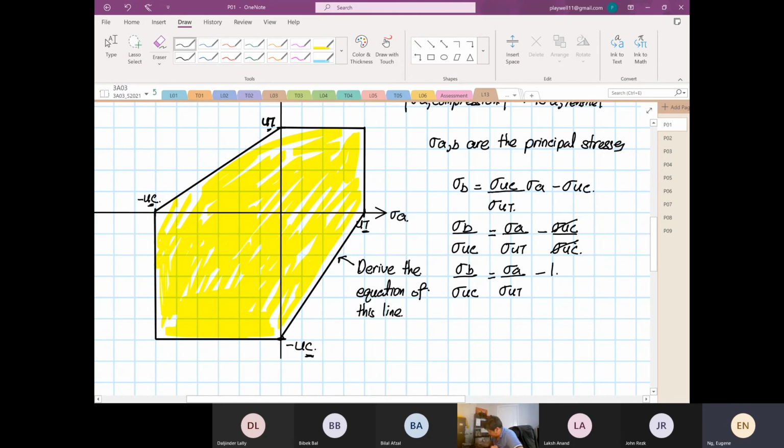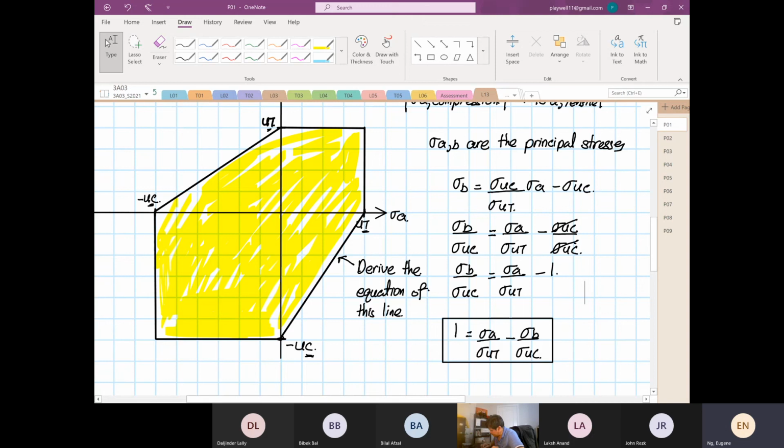Then again, rearrange this. You get a criteria where 1 is equal to stress A over stress ultimate tensile minus stress B over stress ultimate compression. All right. So this is the criteria. This is Mohr's criteria.